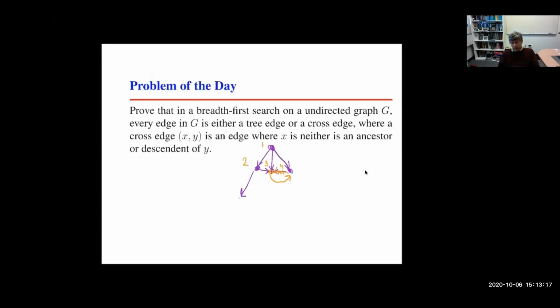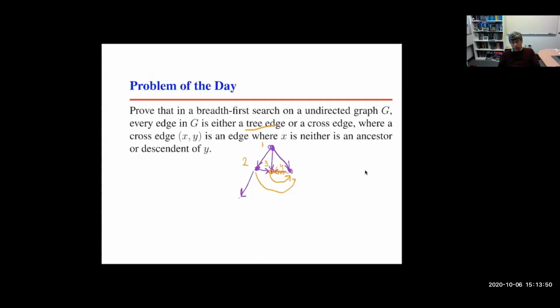I can have edges from me to younger siblings, but I can't have an edge from me to an older sibling in terms of discovery. Again, a tree edge is one of these purple edges where I go to a descendant. A cross edge is where I go to a node that is neither an ancestor nor a descendant.